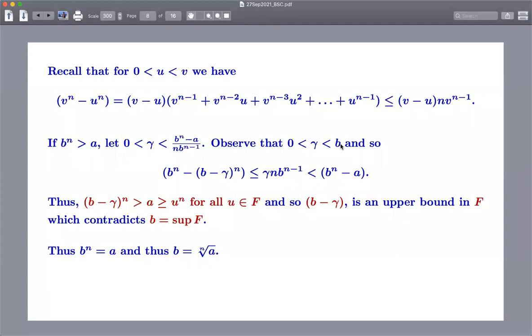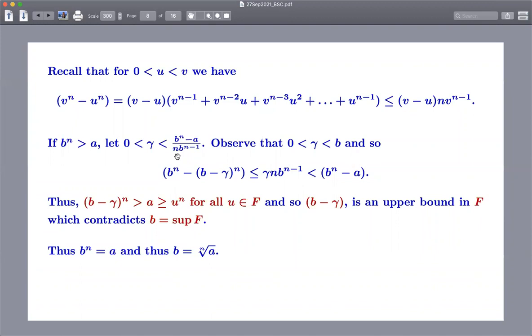Okay. And now you do this again, with v equal to b and u equal to b minus gamma. So you will get that this is less than or equal to n times gamma times b^(n minus 1), and that is in turn less than b^n minus a.